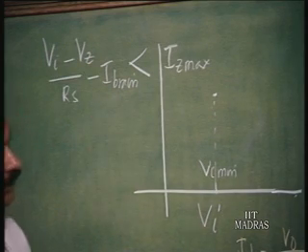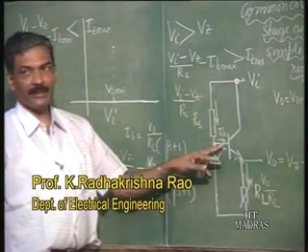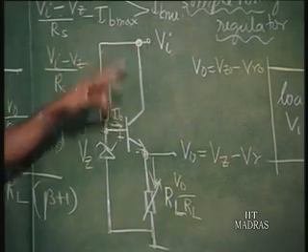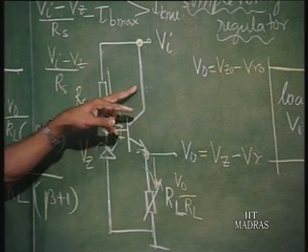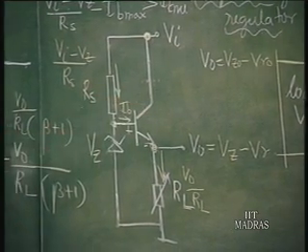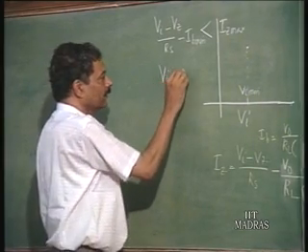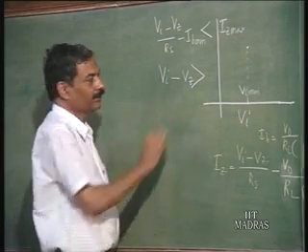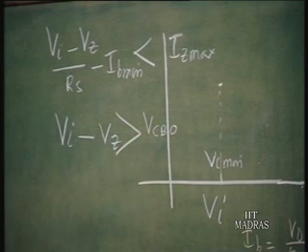Not only that, you will see that this transistor is also getting reverse biased to a greater and greater extent. So, this voltage will keep on increasing. The voltage that you apply should be such that V_I minus V_z should be less than the V_CBO rating of the transistor.